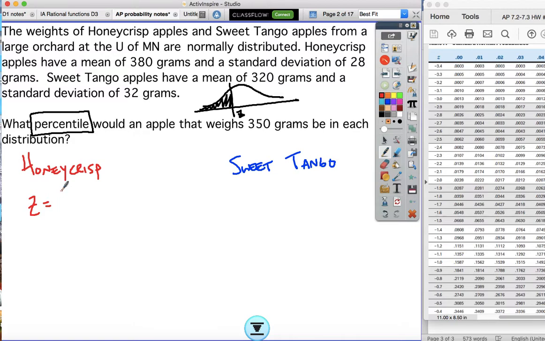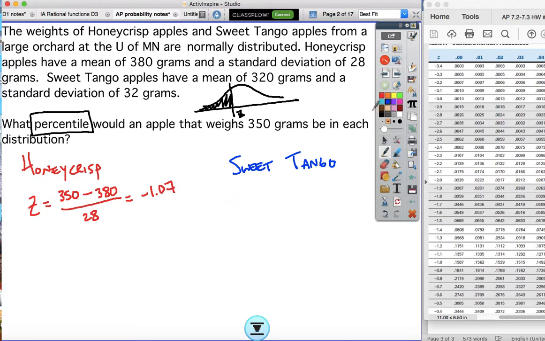If we have an apple that weighs 350 grams, we will subtract the mean for a Honeycrisp, which is 380, divided by the standard deviation for a Honeycrisp, which is 28. When you type that in your calculator, you are going to get negative 1.07.